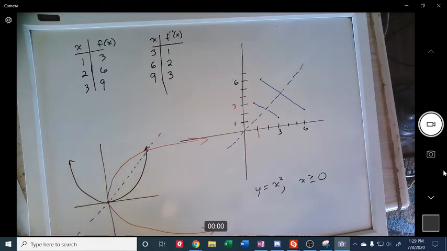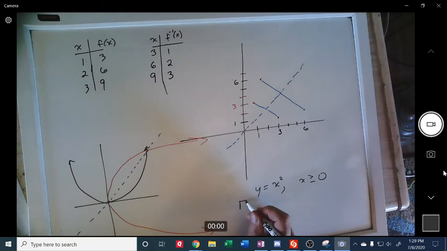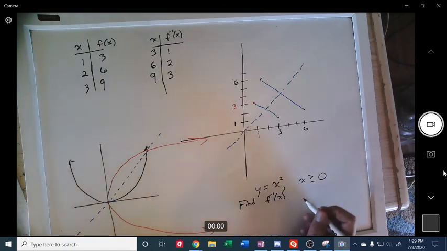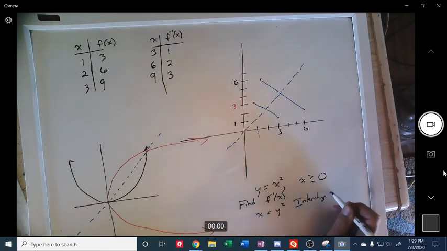Remember, when you find an inverse function, how do you find it? First step is you interchange x and y. And that's what I've done here.